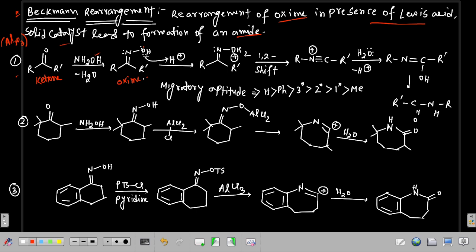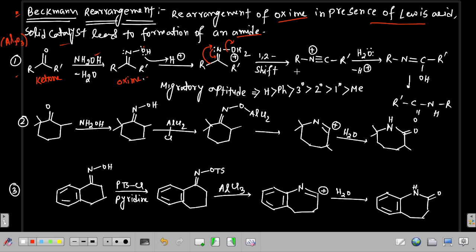So this lone pair of this oxime will attack this H plus, and it gives an OH2 plus cation, and then this lone pair will shift here, and the alkyl group which is anti to this OH will shift to the nitrogen, and this leads to the removal of H2O. So it is known as a 1,2 shift.